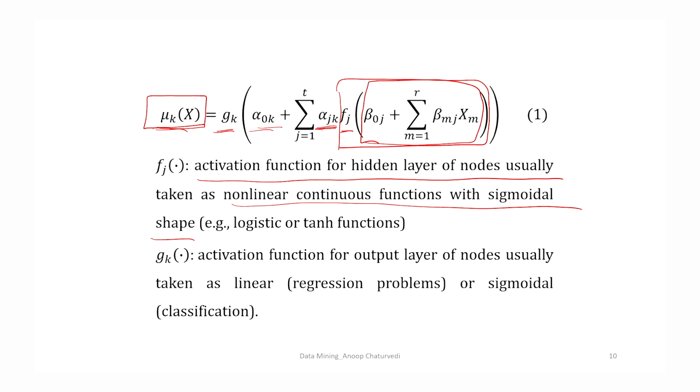And then usually we take g k, which is the activation function for the output layer of nodes. We take it as linear if the problem is a regression problem, or sigmoidal if your problem is a classification problem.